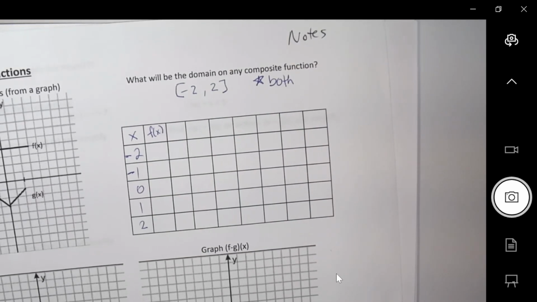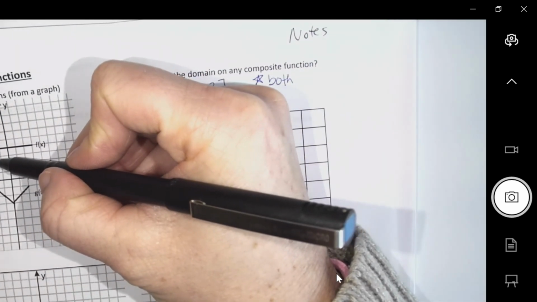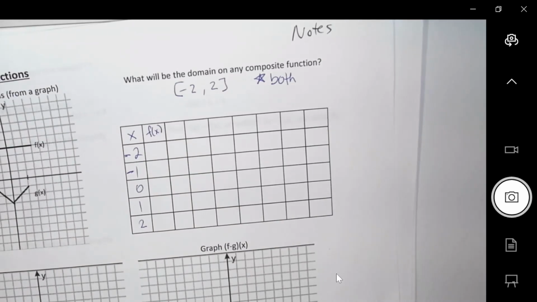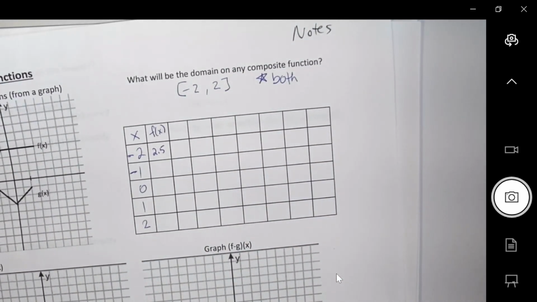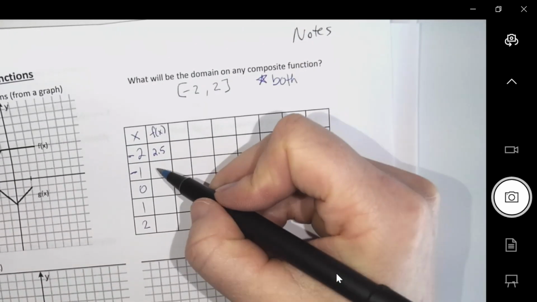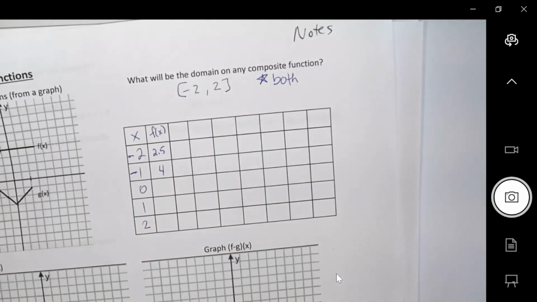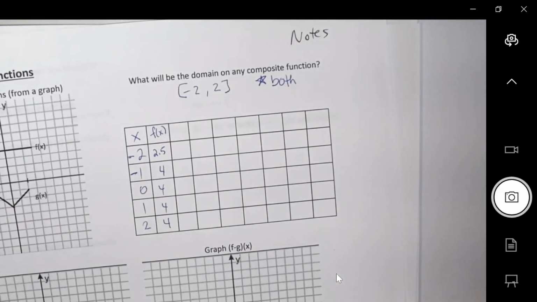So at -2, the f of x is at a height of, ooh, this is kind of awkward, I would say like 2.5. At -2, it's at 2.5. At -1, the height is 4, right? And actually it just stays at 4 the whole rest of the time.